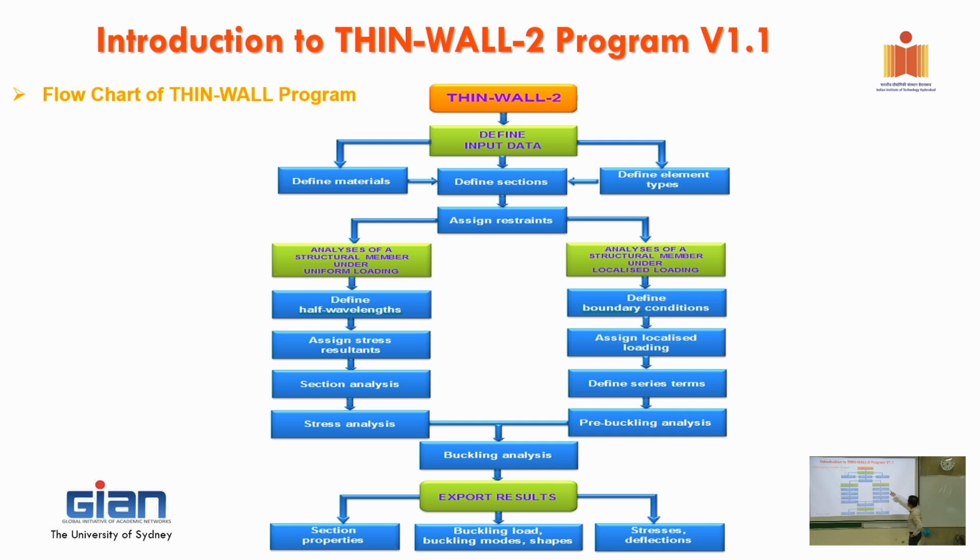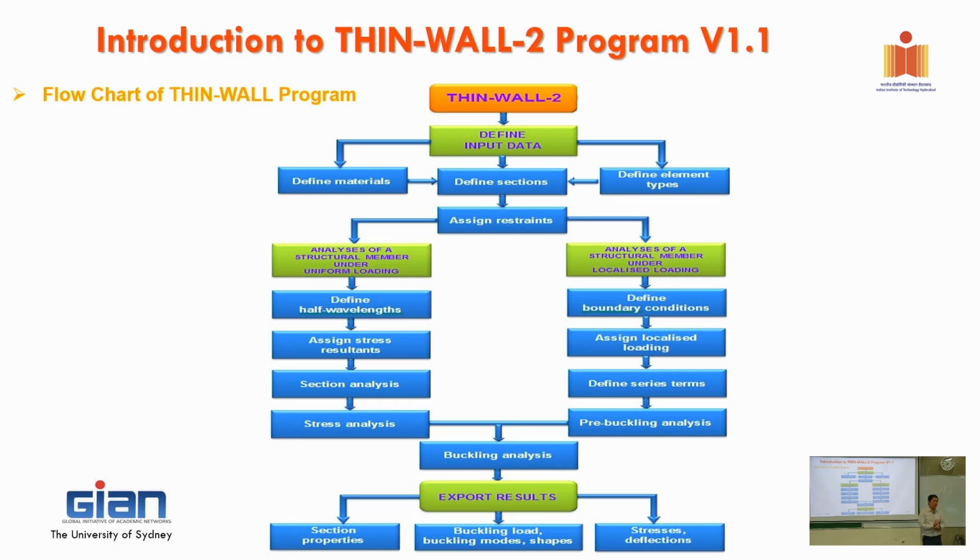Then you assign the restraint. Restraint means the boundary condition. On your left hand side is uniform loading, and on your right hand side is localized loading. They are slightly different, right?